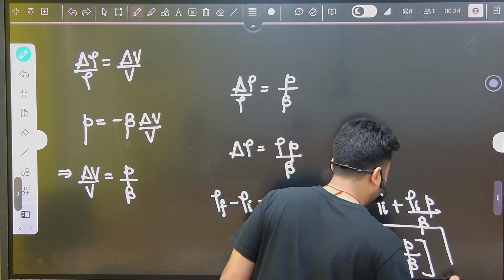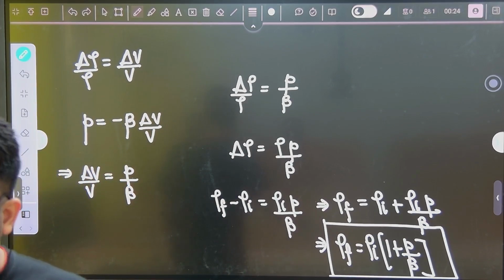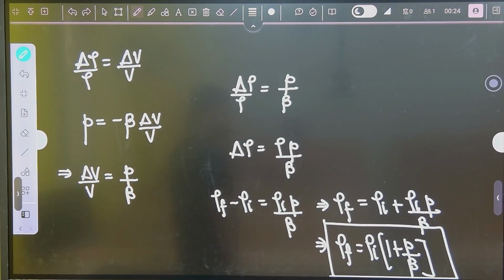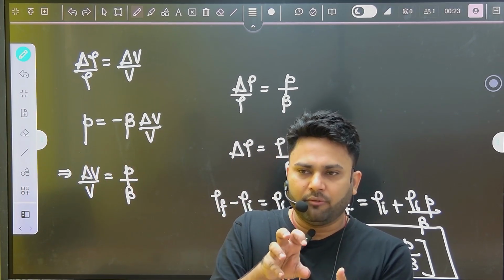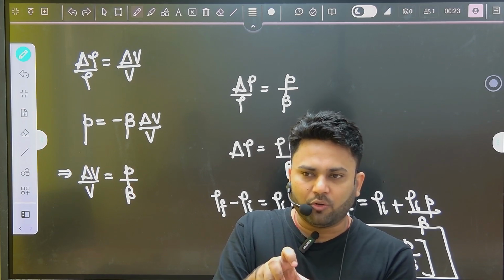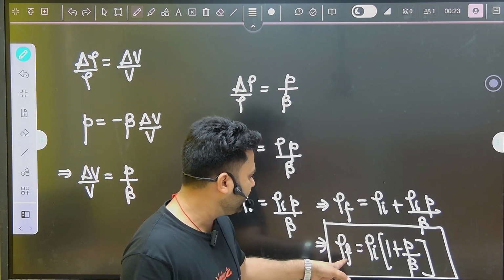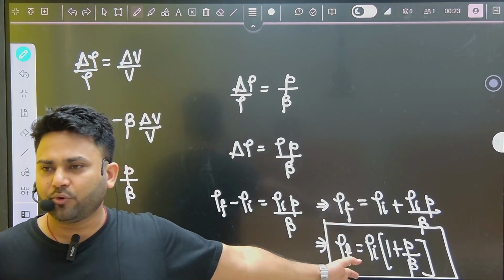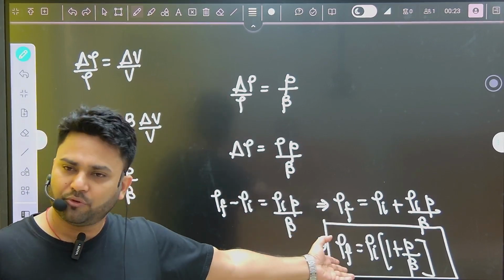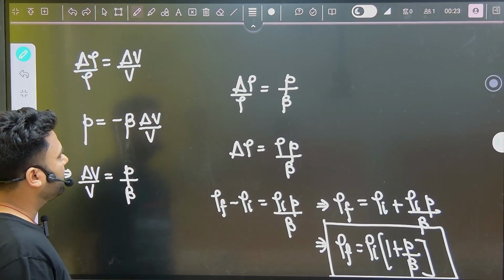This formula you have to remember. Very important, they have asked so many times, that's why I have derived this completely. If you put any object inside a fluid, due to the pressure, volume will decrease, and due to the decrease in volume, density will increase. So the final density equals initial density times 1 plus P divided by bulk modulus. All these are PYQs that I am discussing. Correct? Okay.